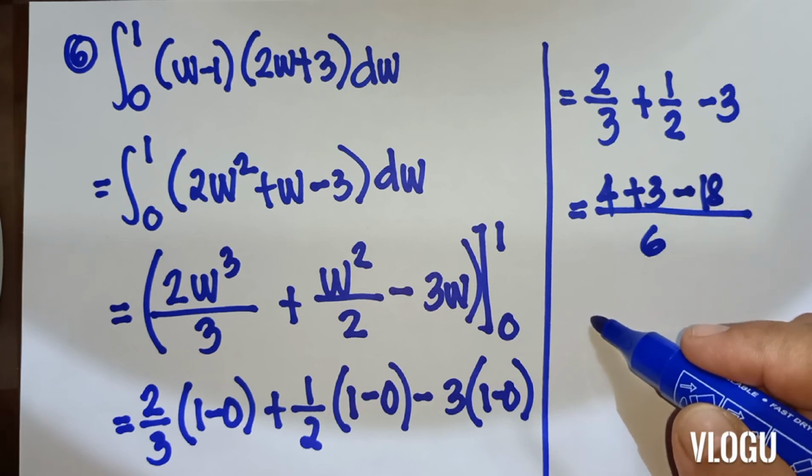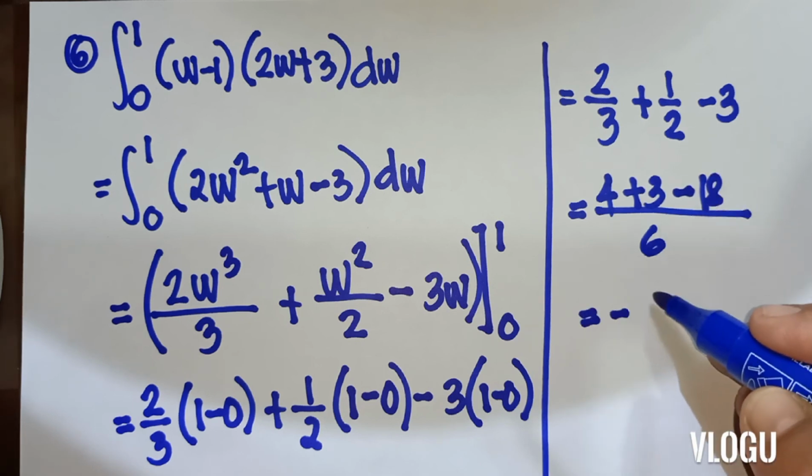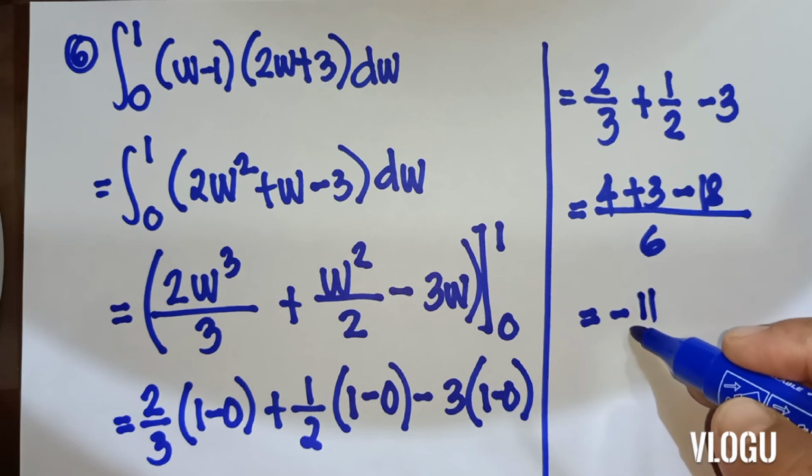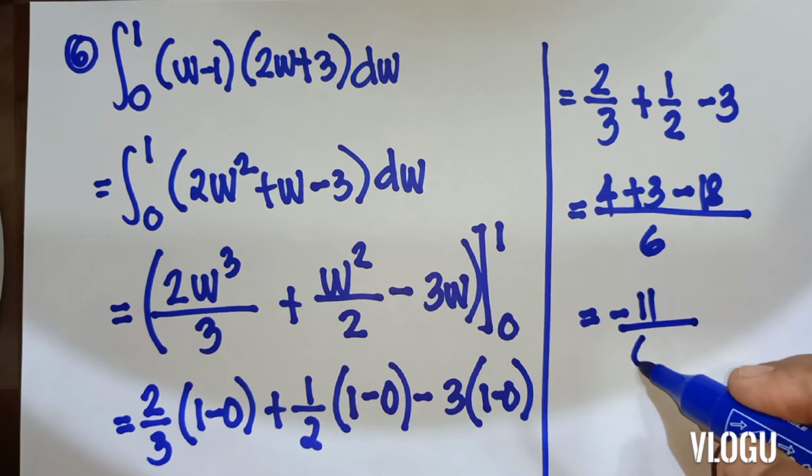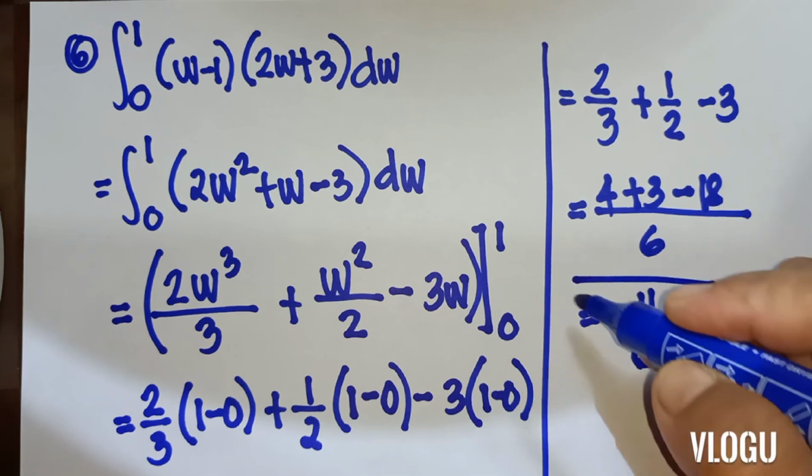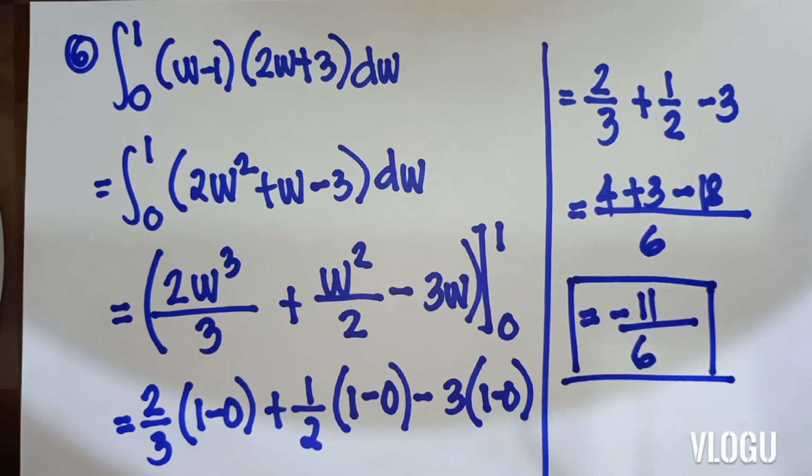So the answer here is 4 plus 3 minus 18, which is negative 11 over 6. This is now our final answer.